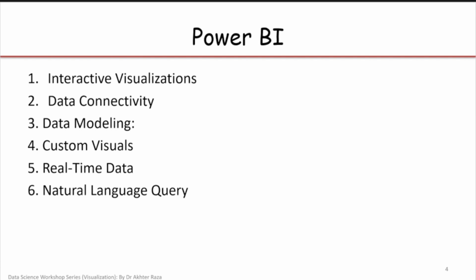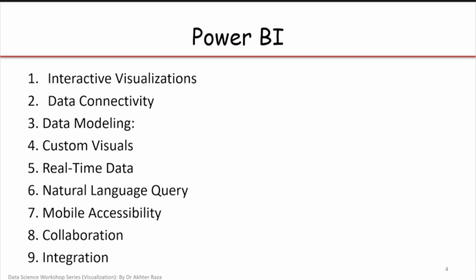We can use the query language to update our visuals according to our instructions. Mobile accessibility, and collaboration with other tools like R. We can connect R with Power BI, and we can connect Python with Power BI. This is one of the very important features of Power BI.